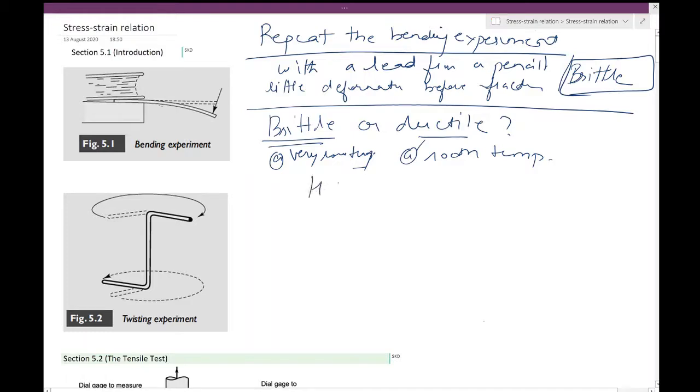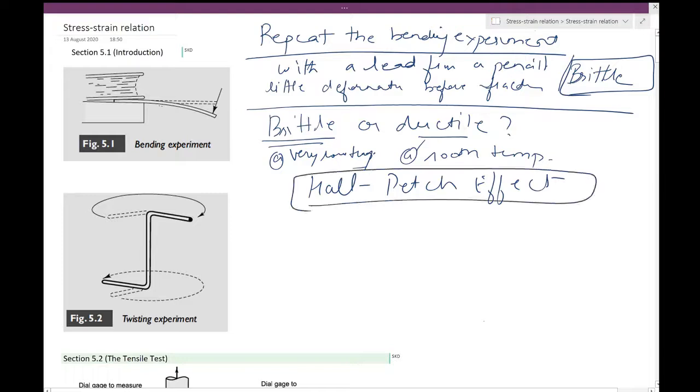And then there is something called the Hall-Petch effect. I think by this time or maybe later you should have learned about this, and it is better we keep that discussion for that course rather than discuss it over here. Okay, so we won't be discussing this and some other parts related to it.